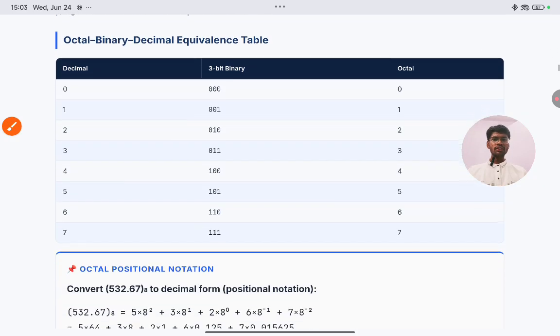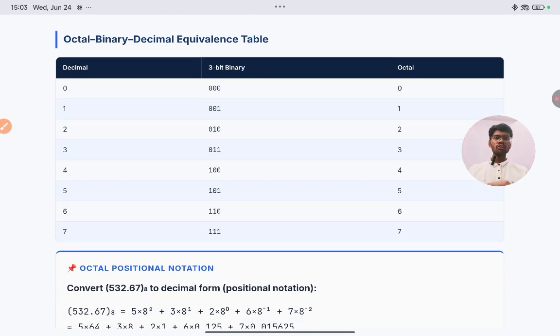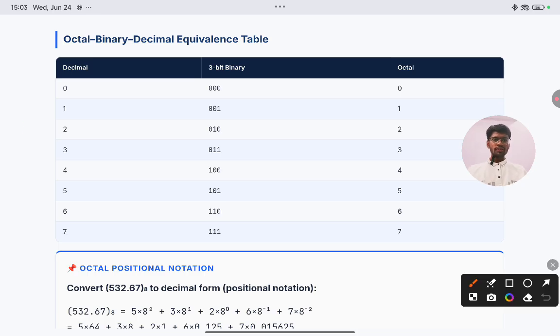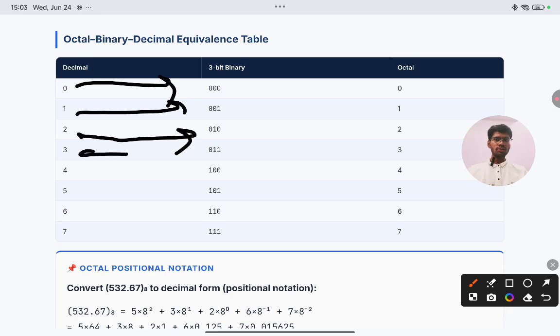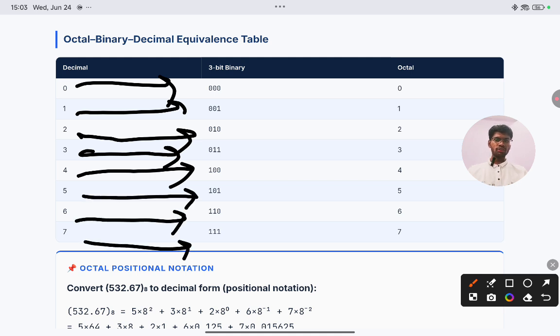You can see here: 0 is written as 000, 1 is 001, 2 is 010, 3 is 011. You have to remember this. 4 is 100, 5 is 101, 6 is 110, 7 is 111. You fill this in like this, and this is the equivalent table.